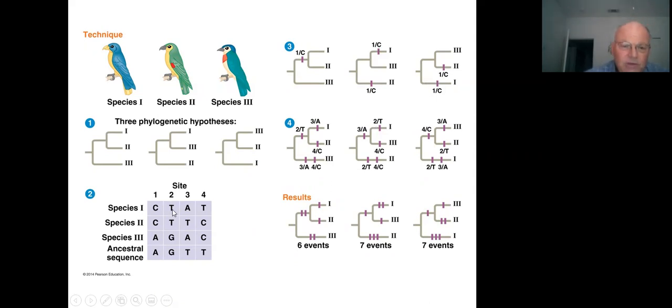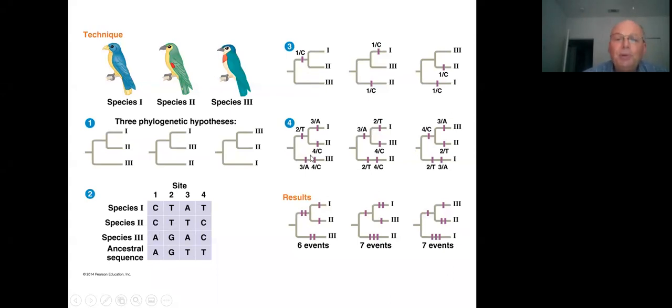Then we take a look at site 2. We see again that species 3 and the ancestor share a common nucleotide. Species 1 and 2 also share a common nucleotide. So there must have been either a single mutation that led to them on tree number 1, or there must have been multiple changes that led to species 1 and species 2, with 3 remaining unchanged as a consequence of this second mutation.